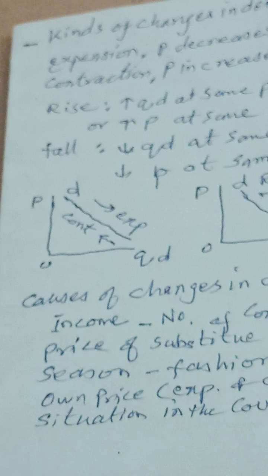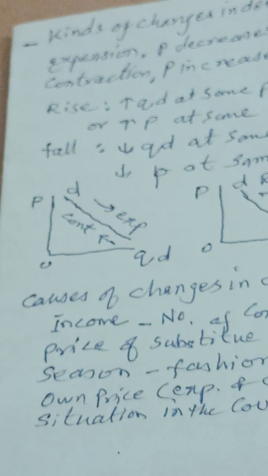For example, when price of a substitute of Pepsi increases, like Coca-Cola, then demand for Pepsi will also increase. Similarly, in case of complement, when price of petrol increases, demand for car decreases.